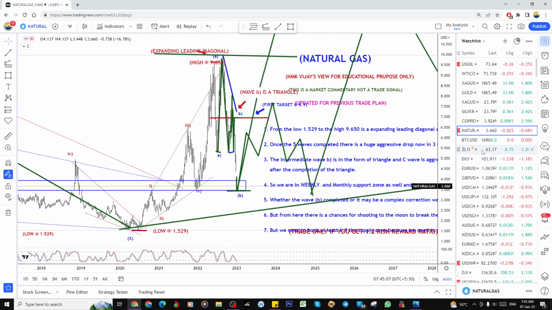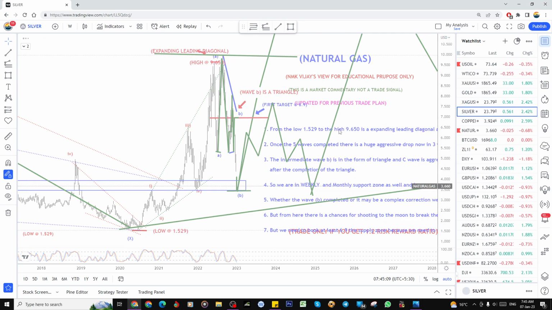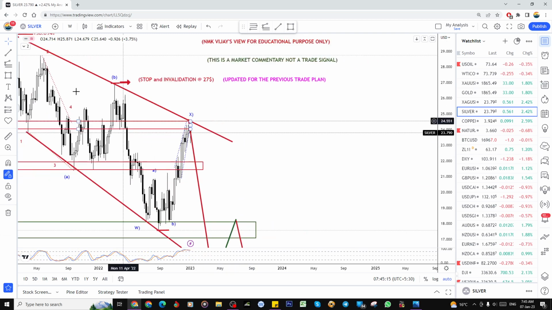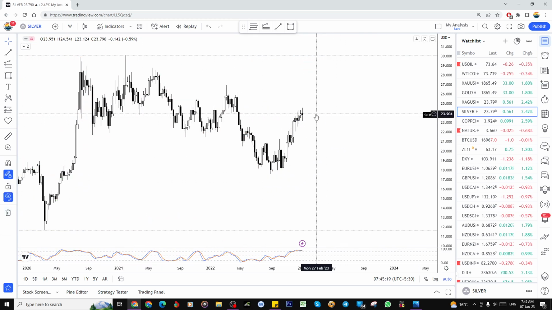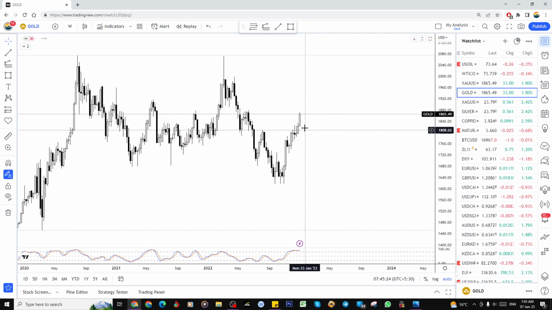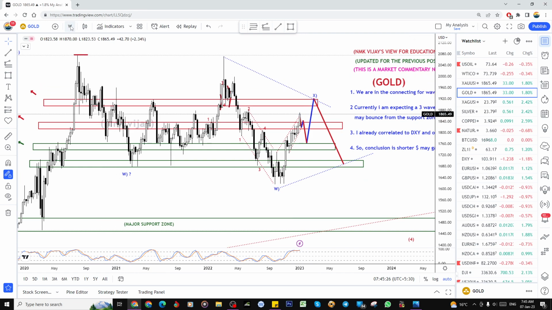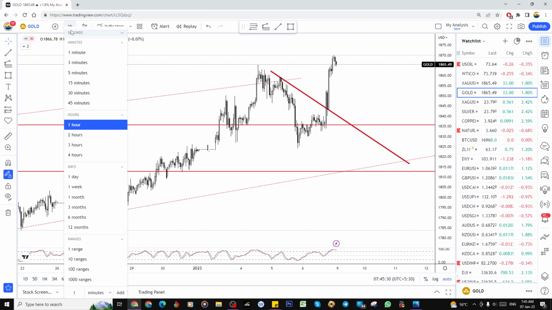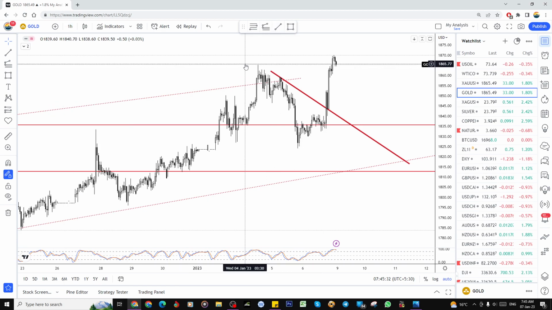So let's go on to the silver, and we will finish with the gold. Sorry, it's getting late, I think. It's a beautiful trade, and see, in silver it is still hanging, but in gold it has already broken the previous high.